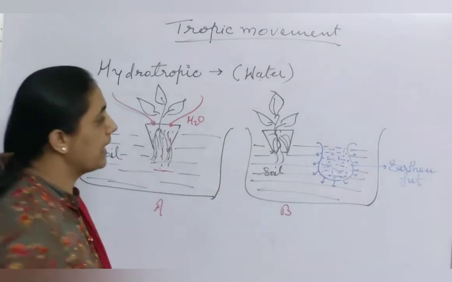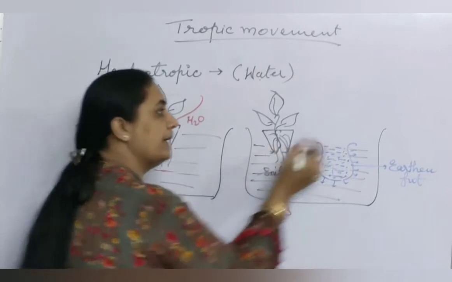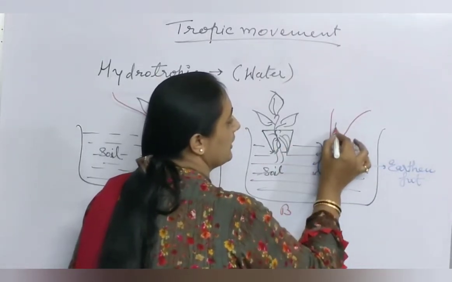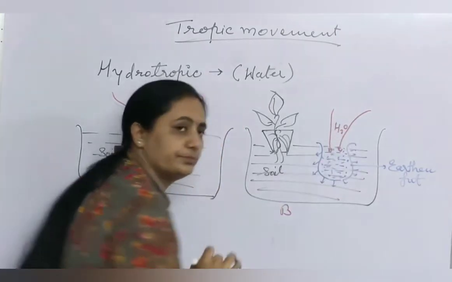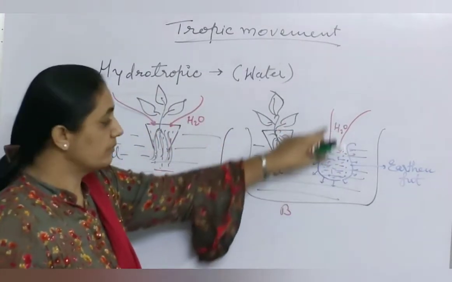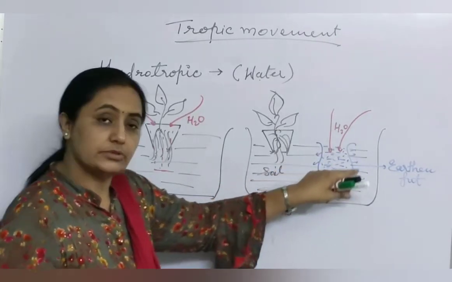In this other plant, don't give water to the sapling, but daily put water in the earthen pot. Daily the earthen pot is getting water from the upper part, but the water oozes out and comes out.